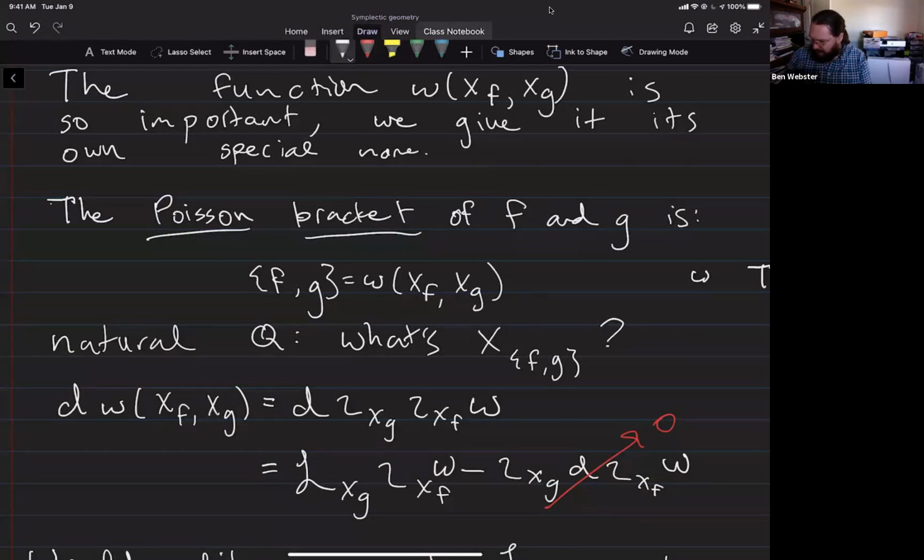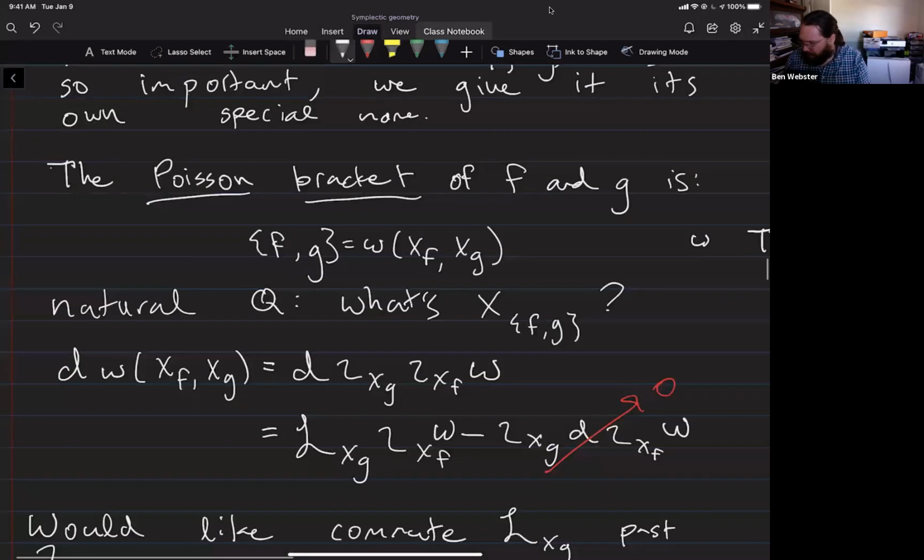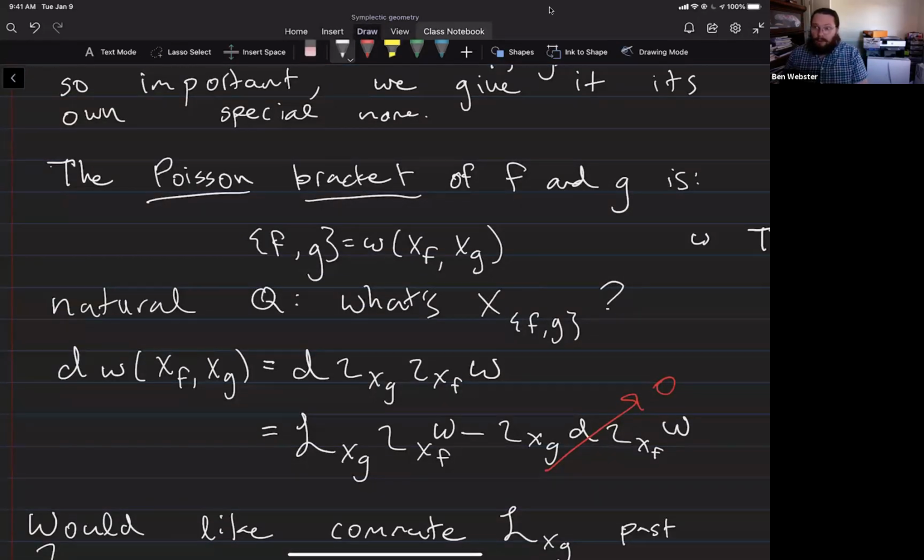All right, cool. So I have d of this contraction. Well, I only know one formula for how exterior derivatives and contraction with vector fields commute past each other, which is Cartan's magic formula.